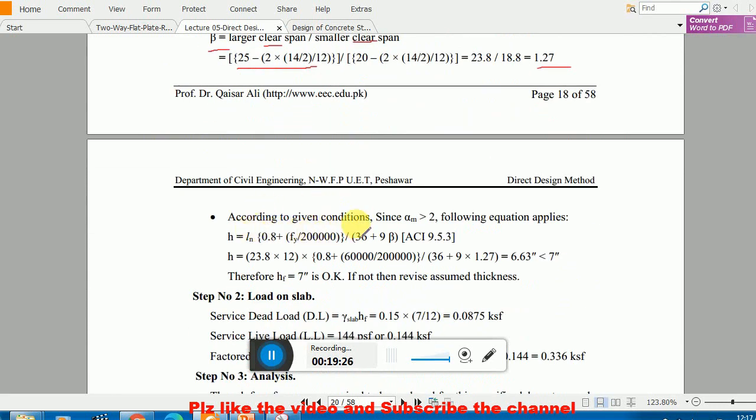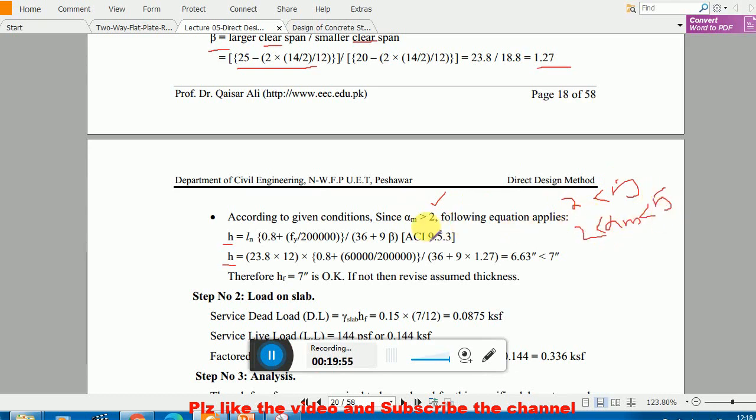In a later stage you will see, according to the given conditions, since alpha m is greater than 2, the following equations apply. Now these are checks for H. When we have parameter beams, or you can say edge beams and interior beams, the alpha m limitation is that alpha m should be greater than 2 but less than 5. Remember, its range is greater than 2 but less than 5.